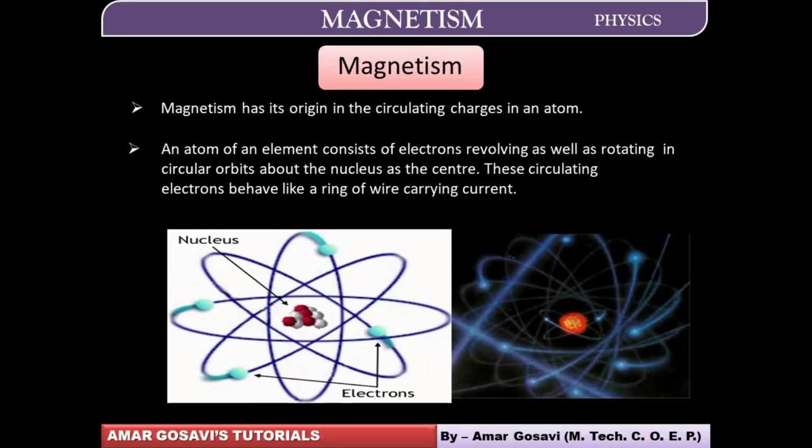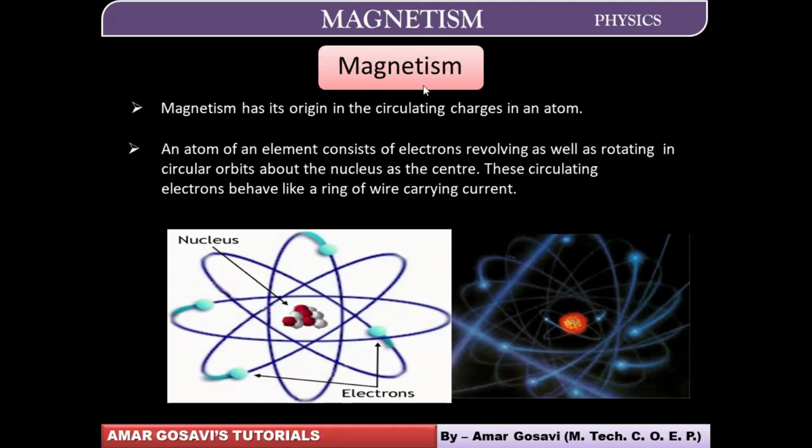When we talk about Earth, you can see there is magma at the central part of the Earth. It contains ions. Whenever the Earth rotates and revolves, the ions move. When the ions or the charges move, they are like circulating electrons, and that gives rise to magnetism around the Earth.